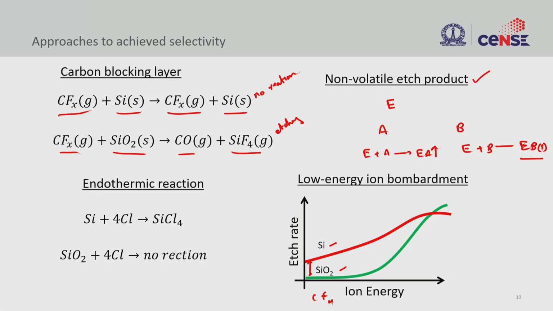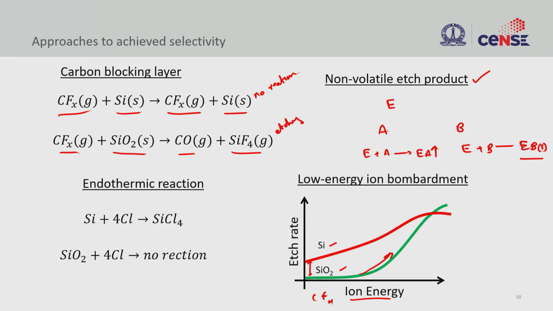But then when you start bombarding, when you increase the ion energy, your silicon dioxide etch rate increases. So in the presence of ion bombardment, your oxide etch rate would increase, right? And you need to find the right ion energy that allows you to maintain the differential, right?